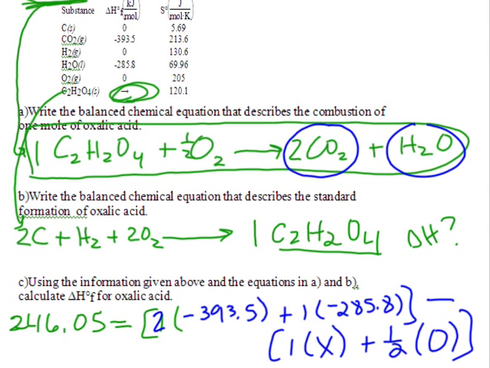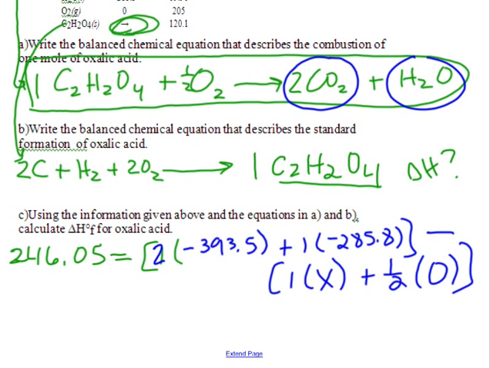Does everyone understand how I set it up? Using the combustion equation, what do we get for our heat of formation of oxalic acid?